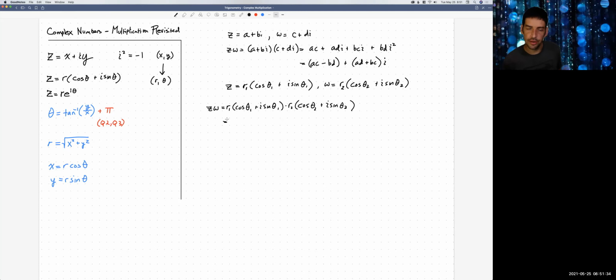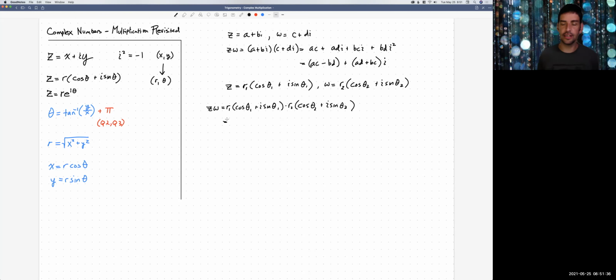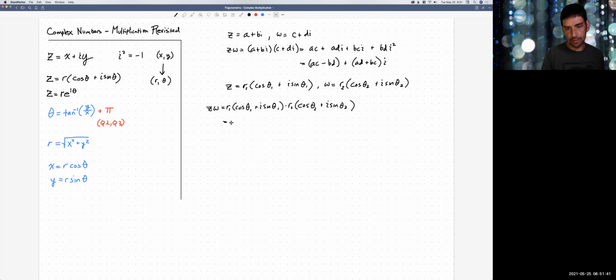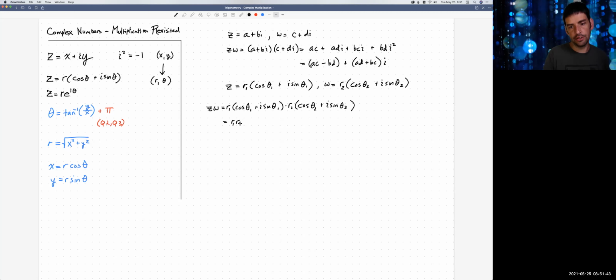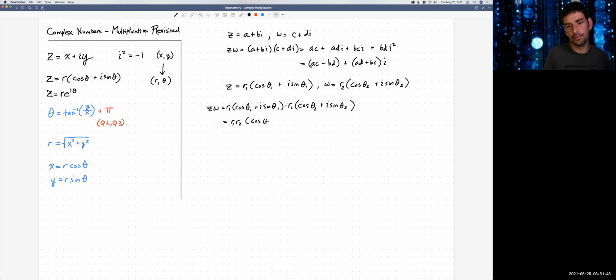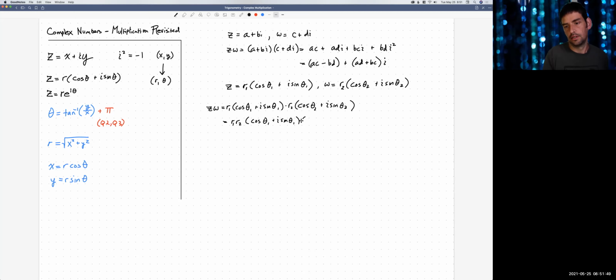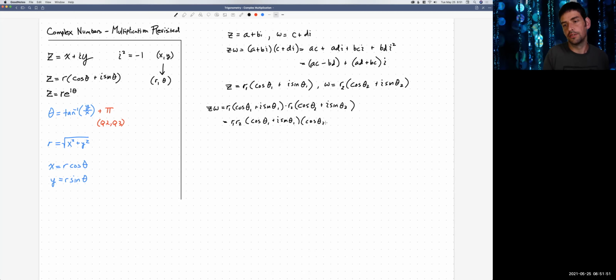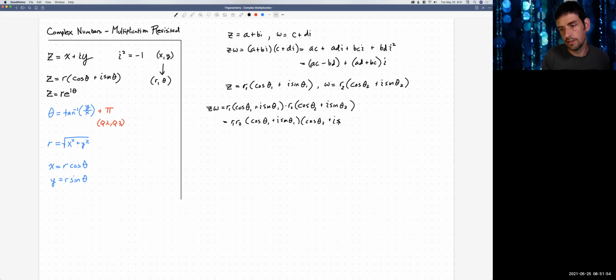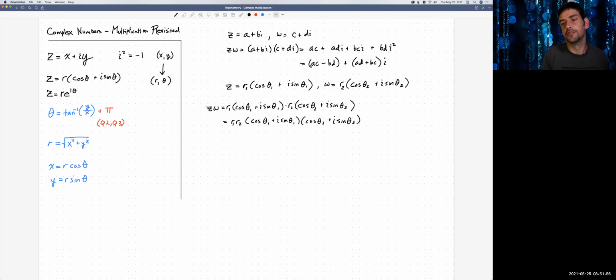Everything's being multiplied here. We have 4 factors, the 2 radii, and then these 2 trig parentheticals. So I can bring the radii together, r1, r2, and move these to the back. Cosine theta 2 plus i sine theta 2.